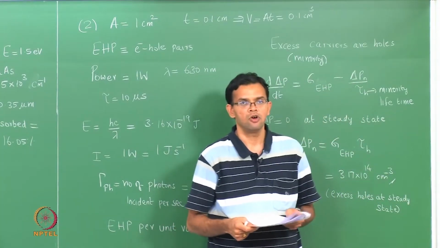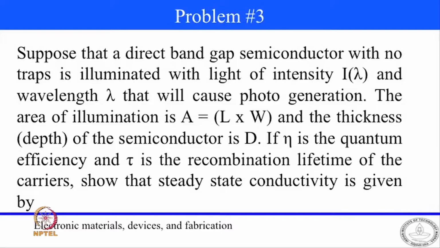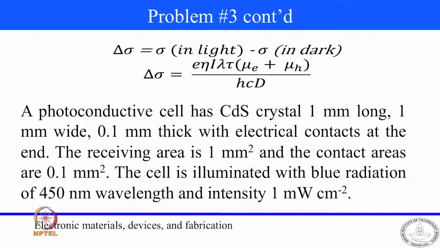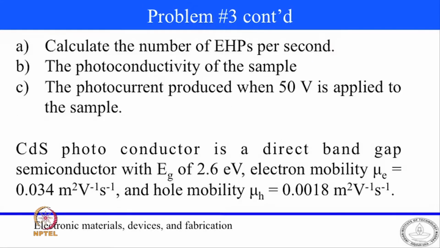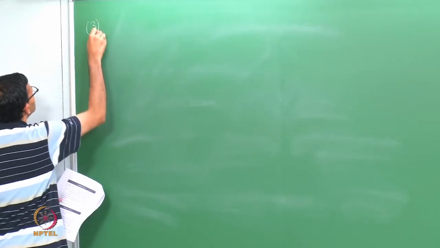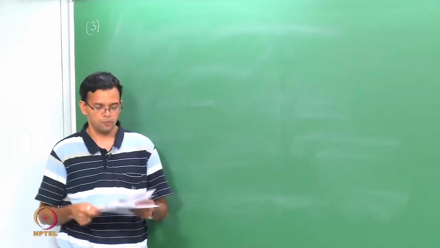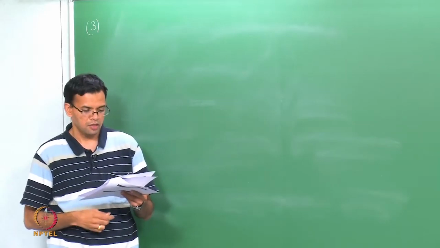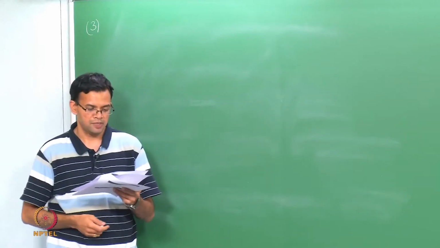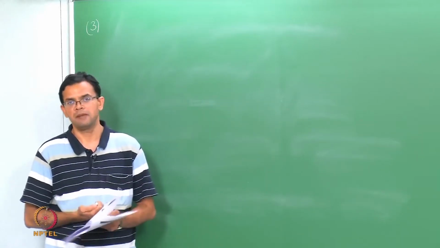So, let us now go to problem 3. We have a direct band gap semiconductor with no trap states.